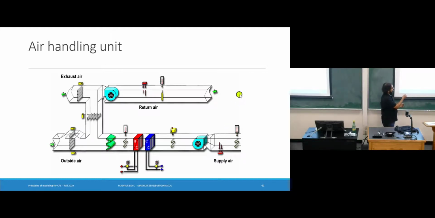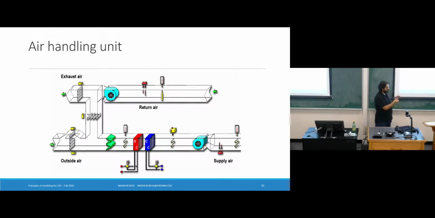Out comes return air from the room at a much higher temperature than 55 if it actually did something. And then there's another fan which is sending some percentage of that air as exhaust, and there's a mixing valve over here which is recirculating the air as well. Right, so this is the air handling unit. The key components are a series of dampers and fans.